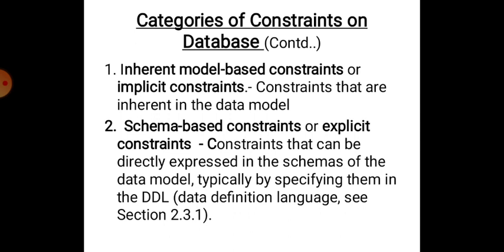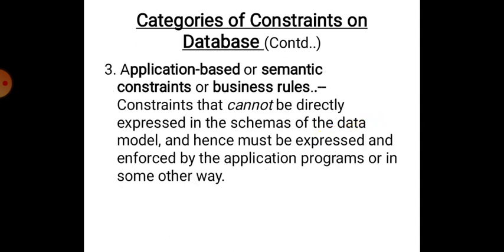Schema based constraints or explicit constraints. These are the constraints that can be directly expressed in the schemas of the data model, typically by specifying them in the DDL, that is data definition language. We have seen this in DDL 2.3.1. Continuing, categories of constraints.